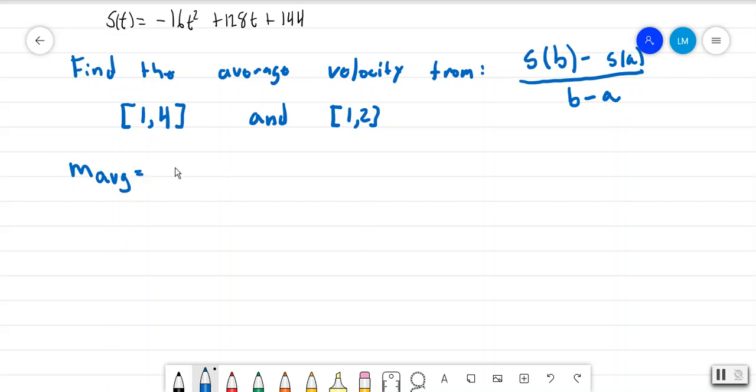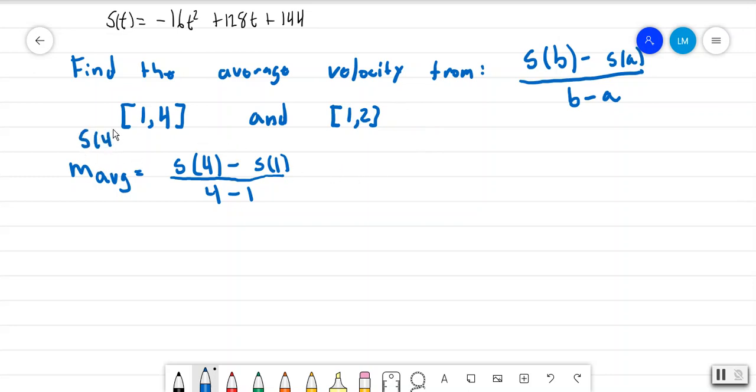Now, we're saying that we want to find s of 4 minus s of 1 divided by 4 minus 1. Okay, so what we'll need to do first is to figure out what is s of 4. Now, s of 4 and s of 1.